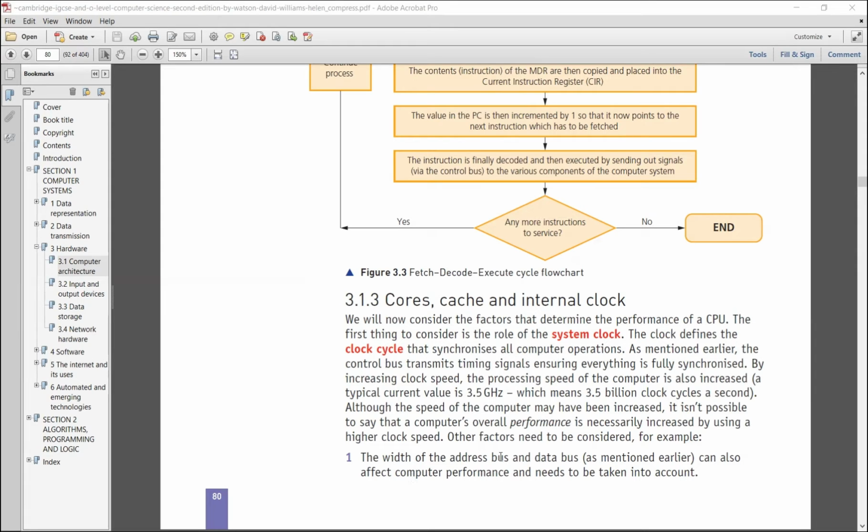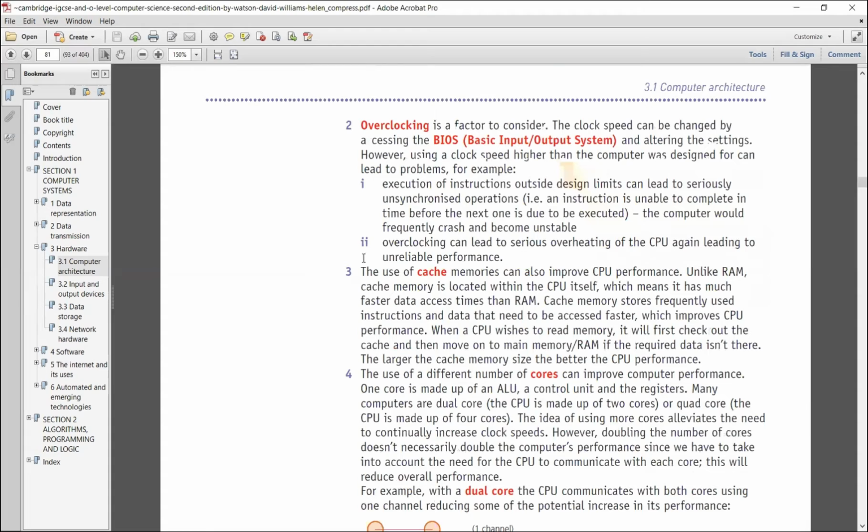Factor number one is the width of the bus. If I talk about increasing the width of the bus, it will definitely improve the performance of my system, isn't it? Overclocking is factor number two. The clock speed can be changed by changing the BIOS settings, and once you alter the settings, you can make it work a little faster.